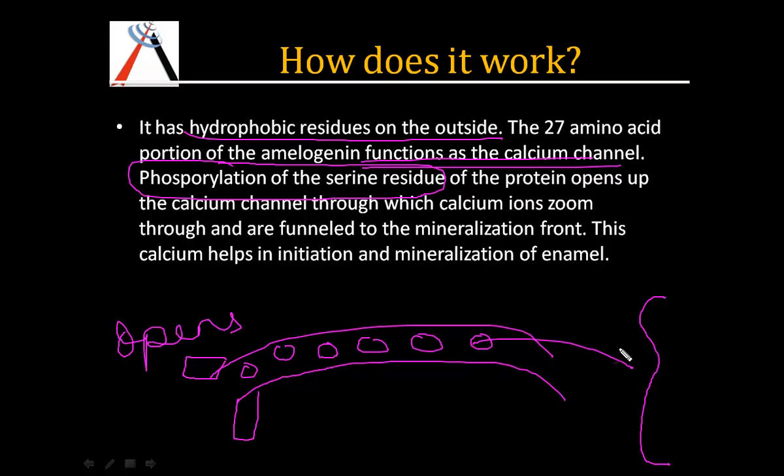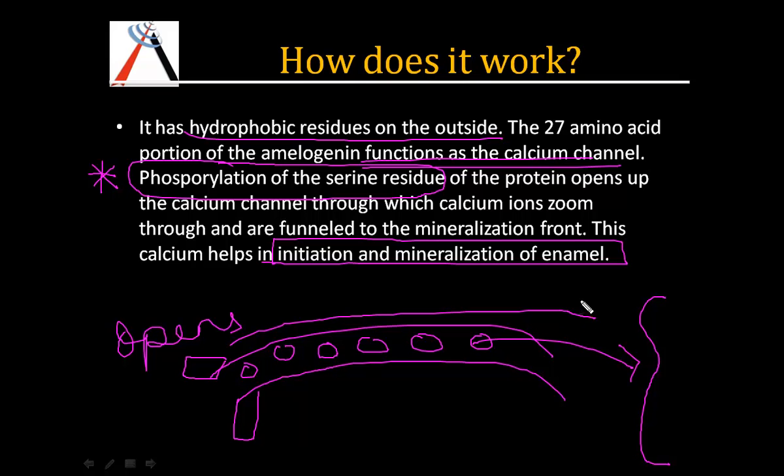Once the calcium ions reach the mineralization front, they help in the initiation and the mineralization of the enamel. So it is actually the phosphorylation of the serine residue which helps in opening up the calcium channel and helps the calcium ions to move to the mineralization front in the tooth.